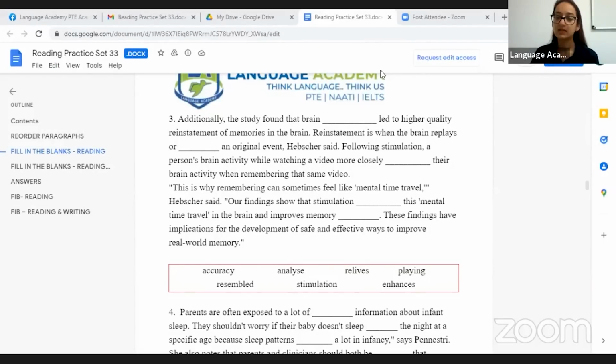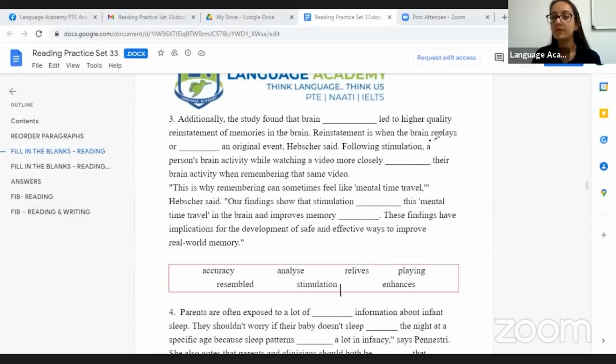Okay, let's discuss. Additionally, the study found that brain dash led to higher quality reinstatement of memories in the brain. This is a concept. Brain stimulation is a topic in itself. Reinstatement is when the brain replays or dash an original event.